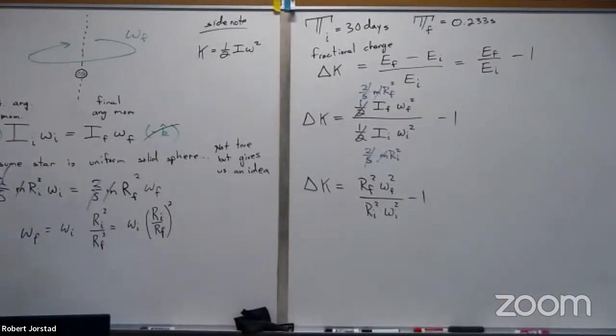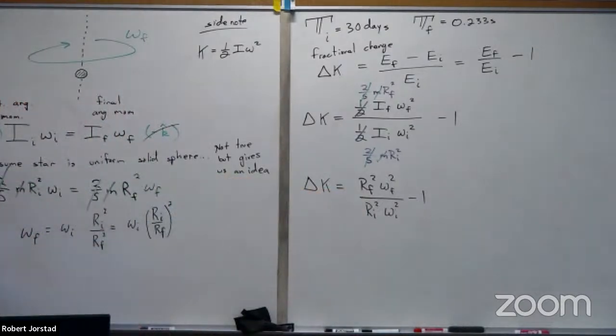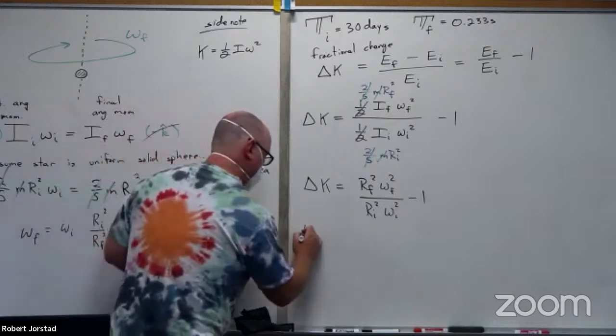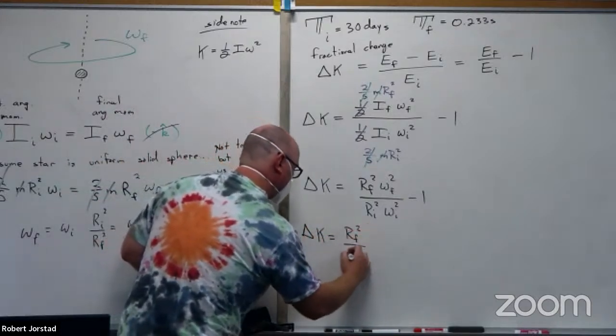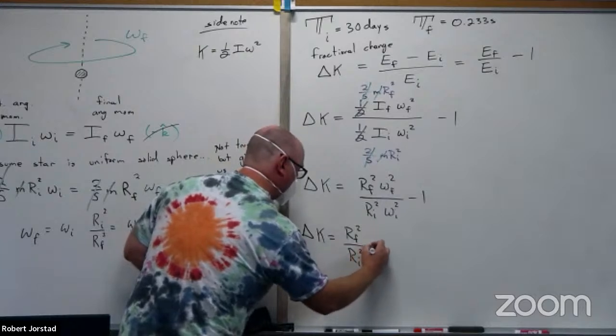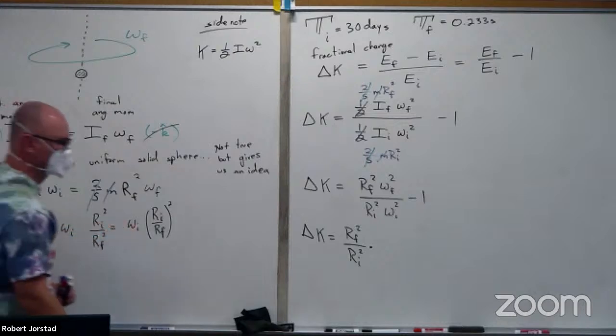Earlier, we did this problem with I omegas, and we figured out the final rotation rate in terms of the initial. And notice if we plug that in, I can get the omega initial to drop out too. So I'm going to do that. Omega final was this.